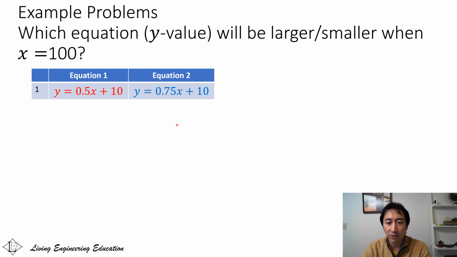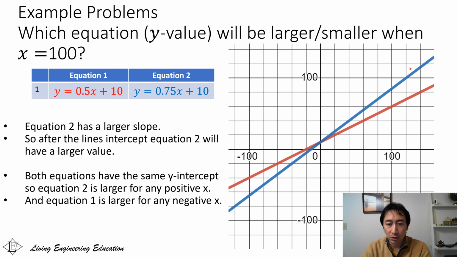So let's take a look at the graph. This blue line represents equation 2 with a larger slope, and you can see that it's growing larger. So at x equals 100, it has a larger value. For x values smaller than where they intersect, the opposite is true, right?